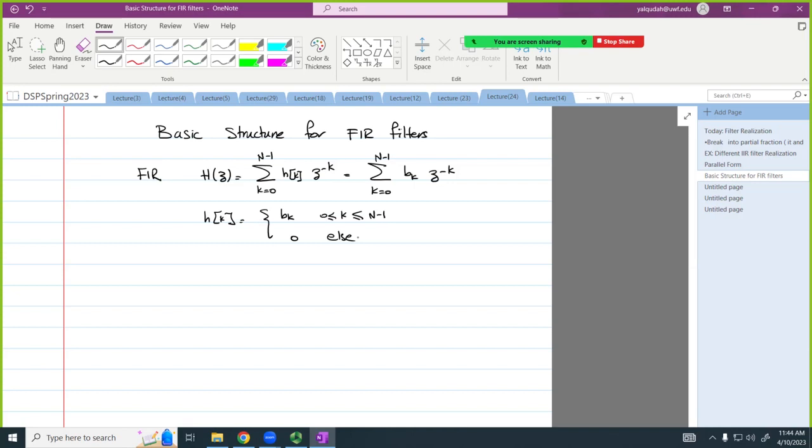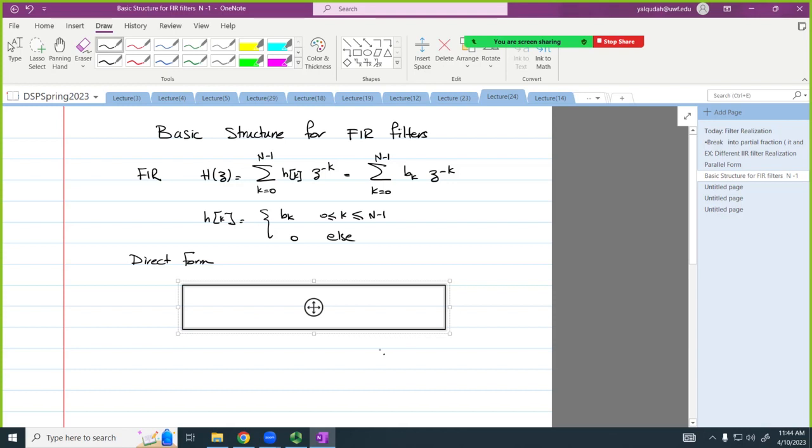So the first form we're going to look at is the direct form. See how neat the structure is?